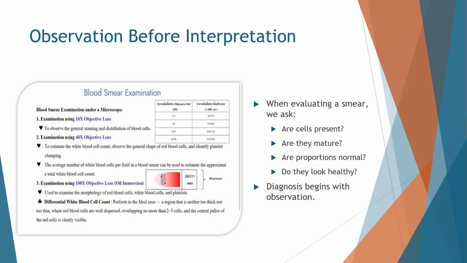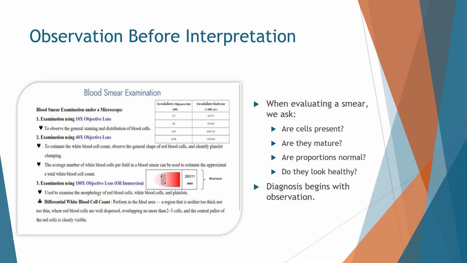So at low power or 10x, we look at the overall distribution and smear quality. At intermediate power or 40x, we look at general morphology and population balance. And at 100x or oil immersion, we're looking at cellular detail and diagnostic features. New learners often jump straight to oil immersion because it feels more diagnostic, but experienced laboratorians know diagnosis begins with pattern recognition, and pattern recognition begins at low power.